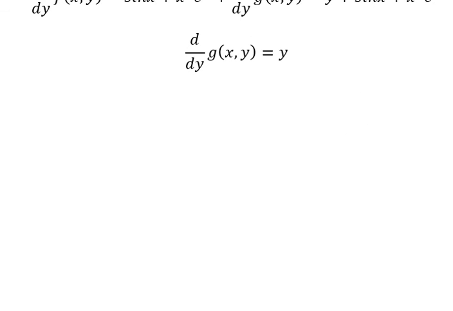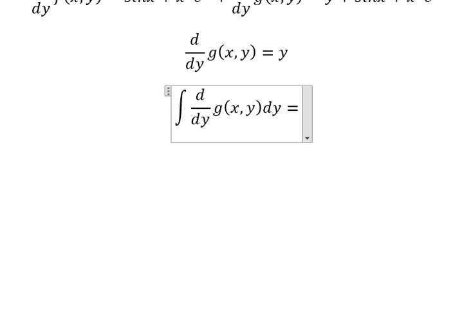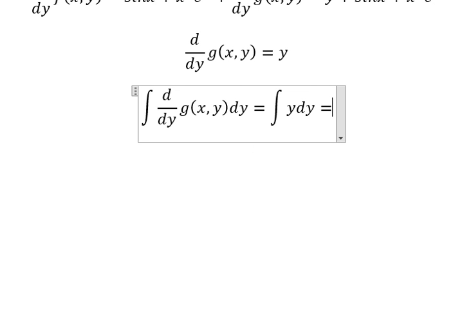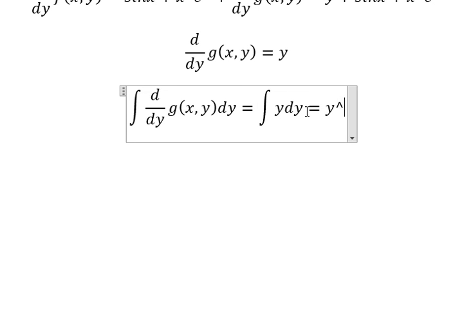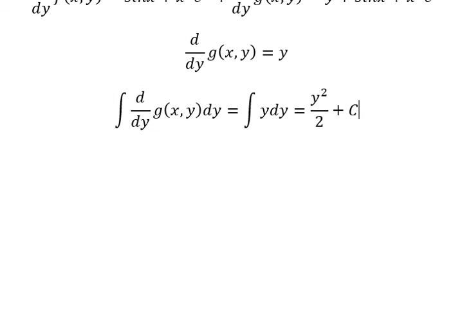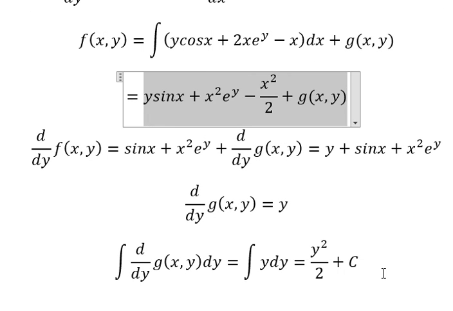Now we need to simplify sine x and x squared e to the power of y for the both sides. Next, we put the integration for the both sides. So the integration of y, we have y squared over 2, and I will put c. Now we need to return back to this one.